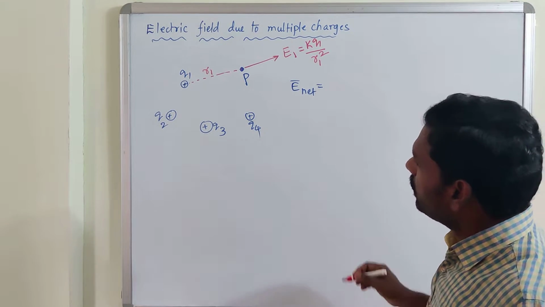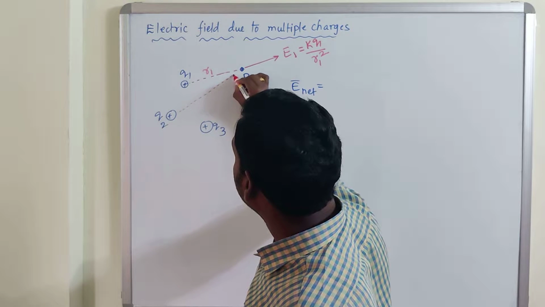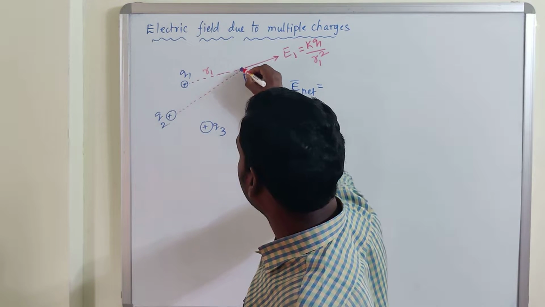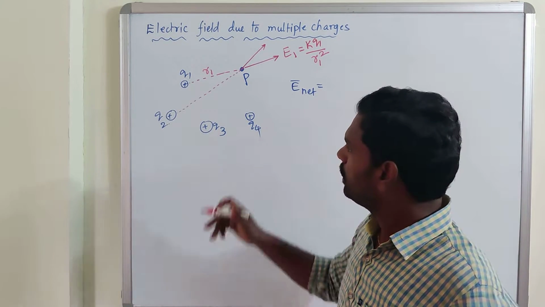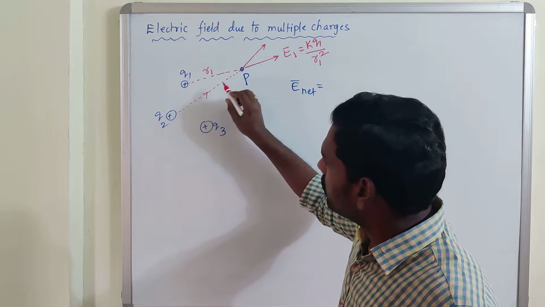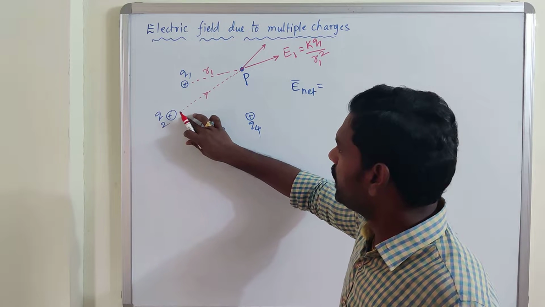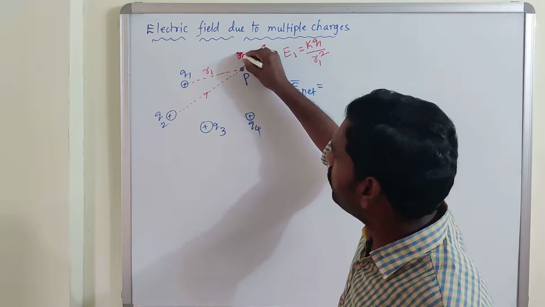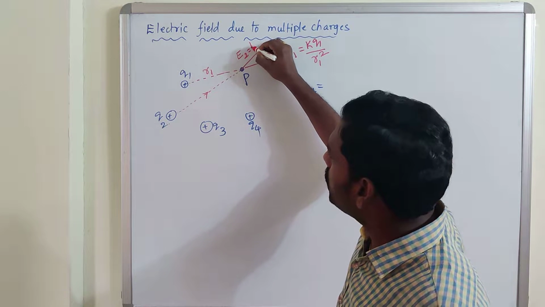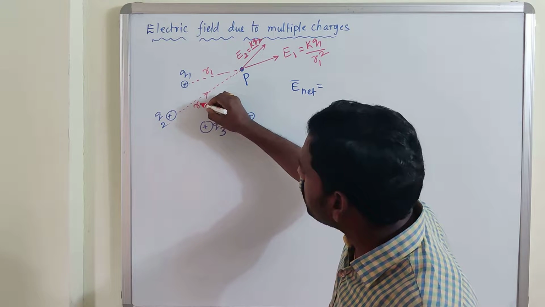Next, similarly, we need to find the electric field due to charge Q2 at point P. This electric field will be along the line which joins the source charge and point P. The electric field E2 is equal to K Q2 by R2 square, if the distance is R2.